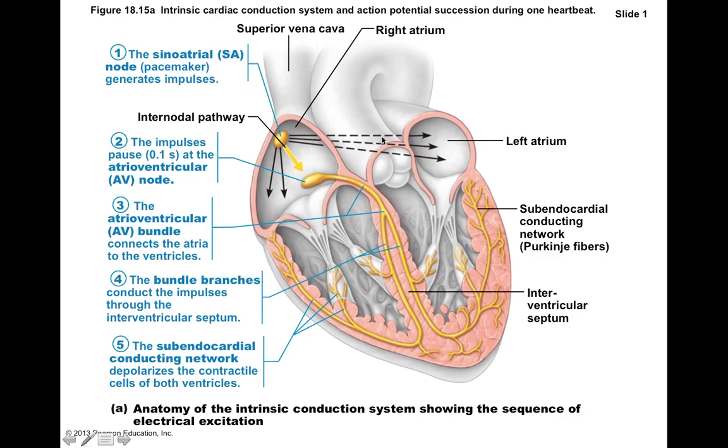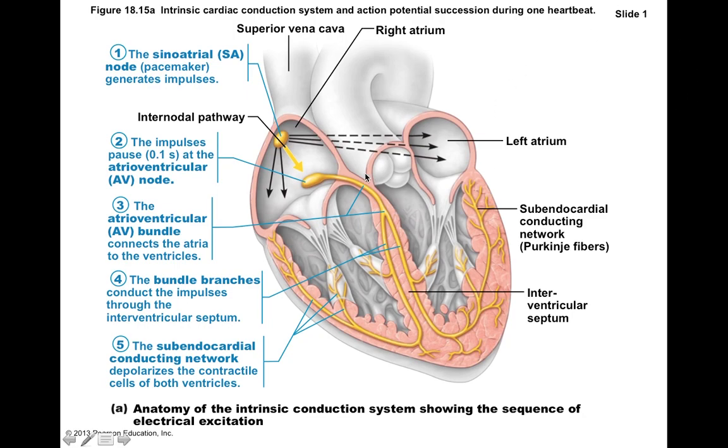These dotted lines here show the internodal pathways, and those internodal pathways are carrying action potentials through the cardiac muscle cells, but they're making cardiac action potentials, like the ones with plateaus, because these muscle cells are actually contracting as a result.